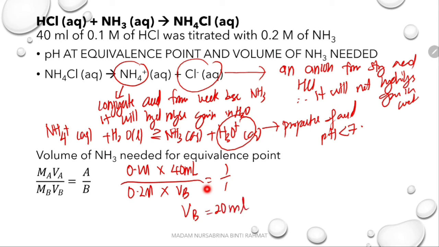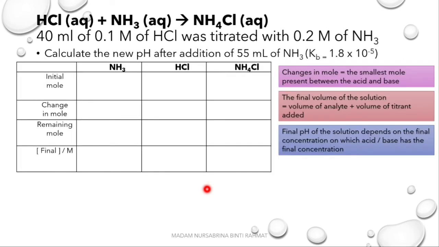So after additions of more than 20 milliliters of ammonia, it has already reached the equivalence point. Now we have excess ammonia and ammonium chloride in the product, so it's going to work as a buffer system. Now we have 55 milliliters, and we only need 20 milliliters of ammonia for the equivalence point to be reached.